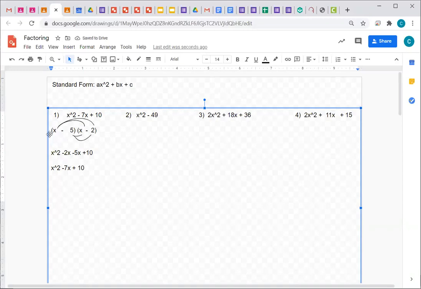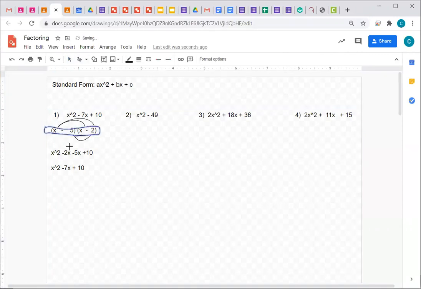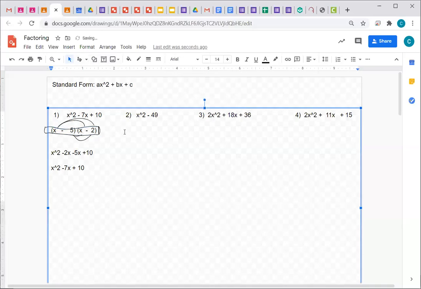Okay, so our answer is actually this expression right here, but this shows that it is the correct answer. That is our check.